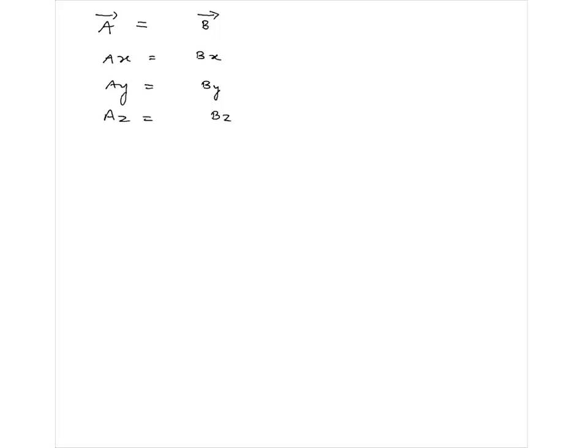If you have a little more complication, like A equal to B plus C, which is exactly what we had, the rule is still the same. X component on the left side is equal to X component on the right side. Y component on the left side, Y component on the right. Z, Z. So that's what we are trying to do here.